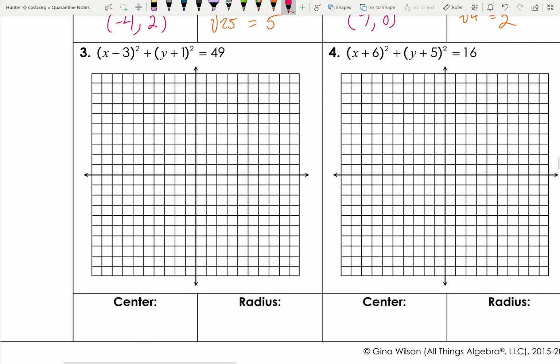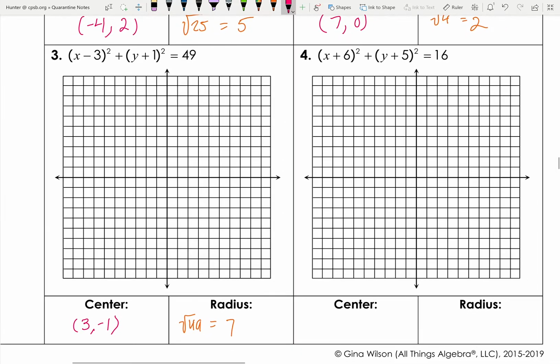Our center in this case is going to be 3 for our x coordinate, and our y coordinate will be -1, and then our radius will be the square root of 49, which is equal to 7. So let's plot this. Center at 3, -1, that's our center.